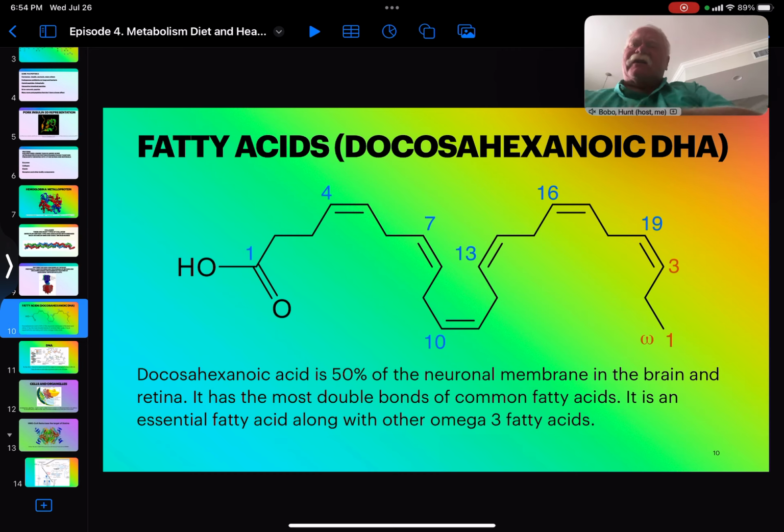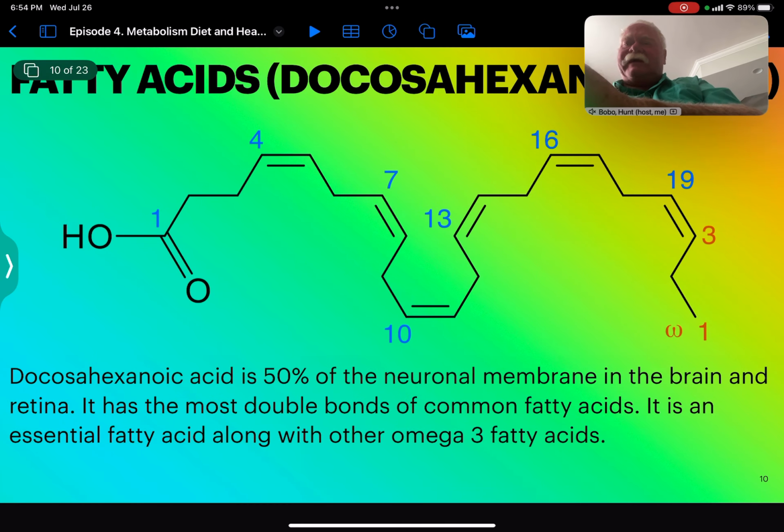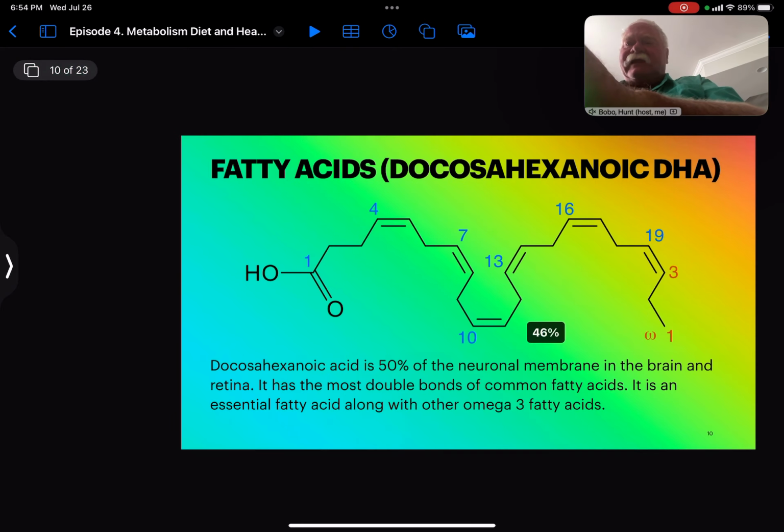But when you're talking about omega 3 and omega 6, we're not talking about from 1. We're talking about from the end, omega. That will be the alpha back in here, and on the carboxylic acid end, the omega is the end. So this is an omega 3. The first double bond starts at the 3rd carbon from the end. You'll see it labeled over here in red. It's omega, that W-looking letter.